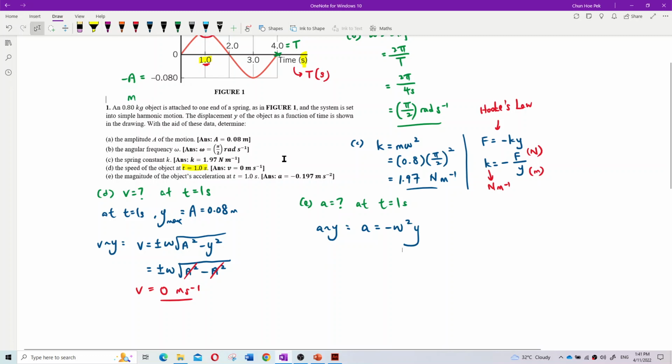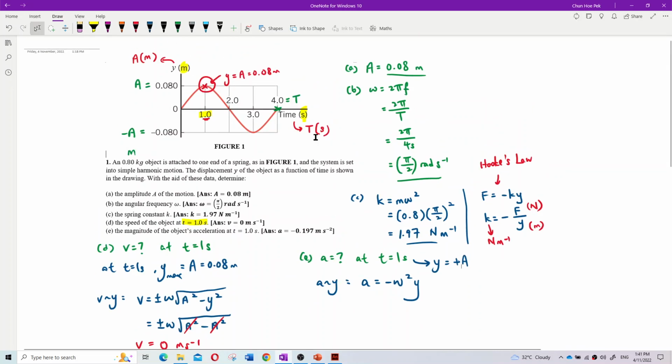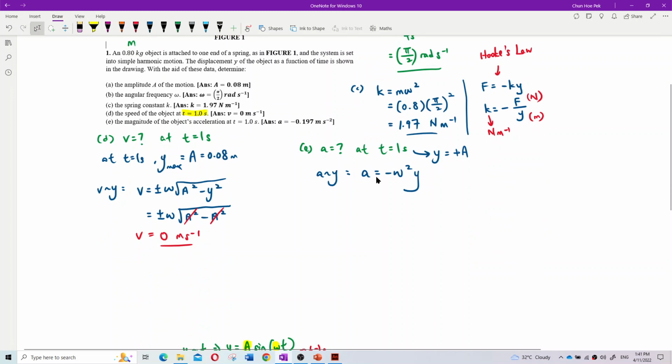Because we already know that at 1 second the displacement is at amplitude, in fact it is at positive amplitude. So put in the value there.